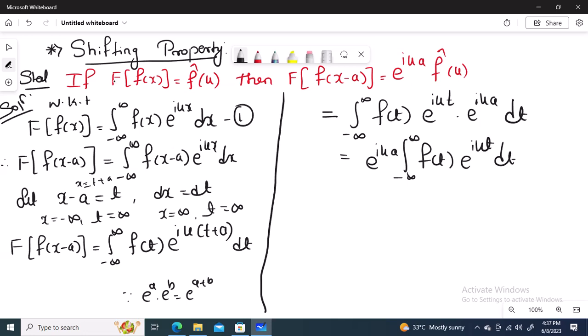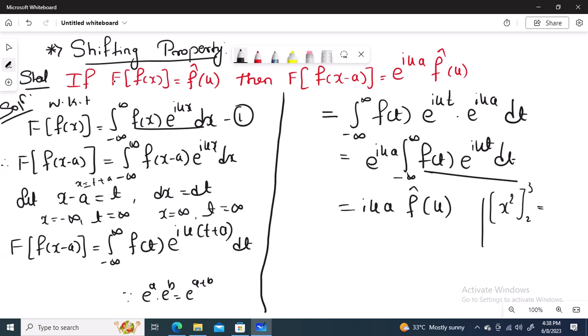Now you can see it is nothing but f cap of u, because it is the Fourier transform definition. Therefore e^(iua) f cap of u. See, this is the same term, only the variable has changed. When the variable changes, the answer does not change. For example, x squared between the limits 2 to 3 is the same as y squared between the limits 2 to 3.